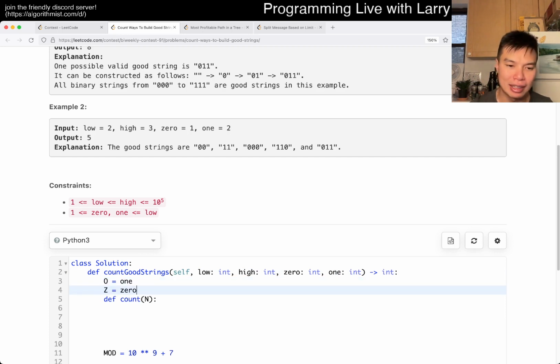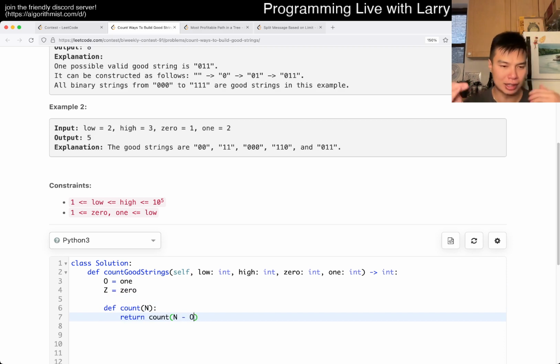Then the count of n is equal to the count of n minus O, because that's when you use the ones, plus the count of n minus Z, which means we have zeros. That's basically the idea behind the function. Of course, there are some base cases with zeros and negatives, but that's the core idea of this problem.